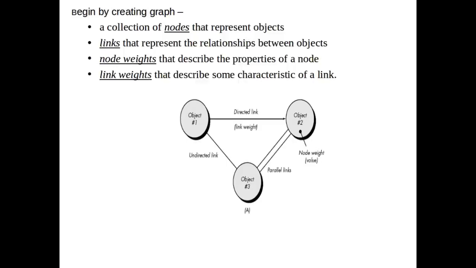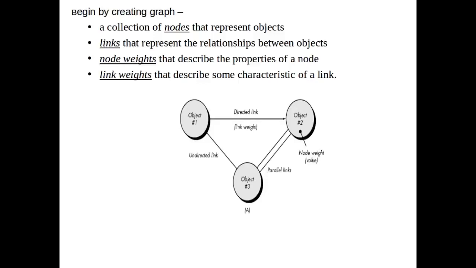To accomplish these steps, you begin by creating a graph: a collection of nodes that represent objects, links that represent the relationships between objects, node weights that describe the properties of a node, and link weights that describe some characteristic of a link.